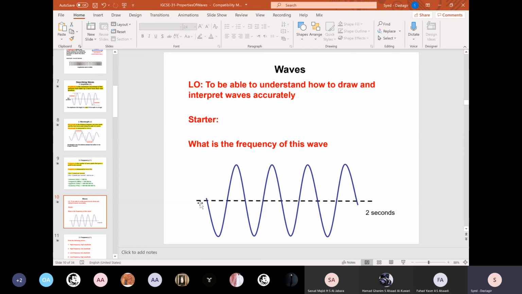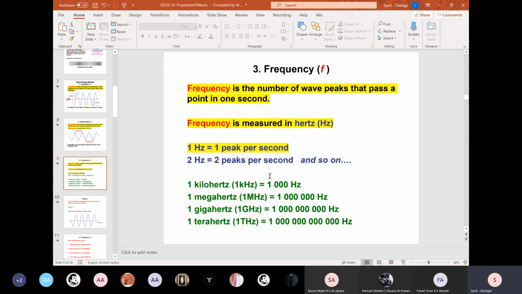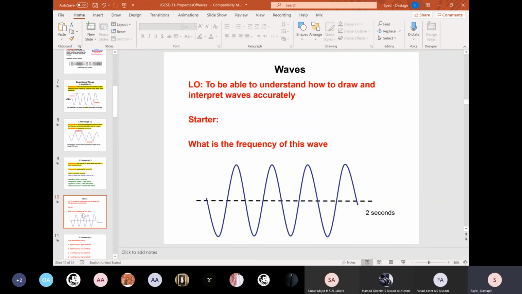So for example, here it says in 2 seconds. We need to see how many peaks there are within 1 second to find the hertz. Because remember, 1 peak per second equals 1 hertz. So how many peaks are there in 2 seconds?